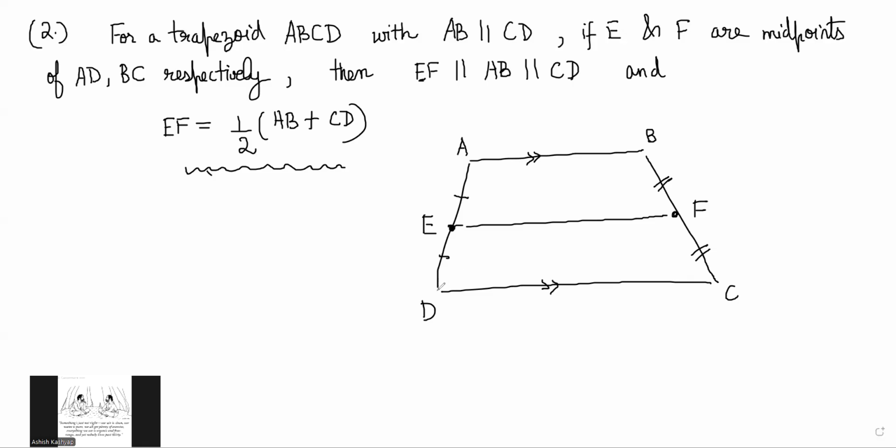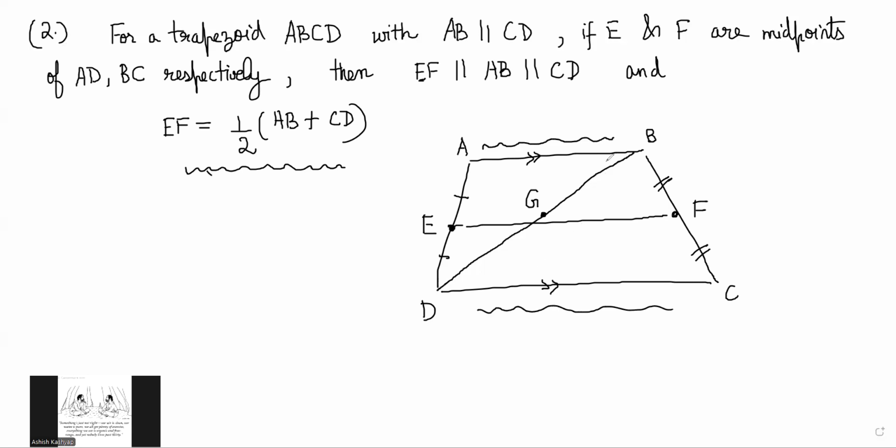The proof is easy if you can draw a diagonal. If you draw a diagonal, then there will be a triangle. And if you call the midpoint of the diagonal BD as G, you can prove that G lies on the same line. So you should first assume that it is not on the same line and then try to prove that it is actually lying on the same line as E and F. The reason it is doable is because we already know that this is parallel to this.